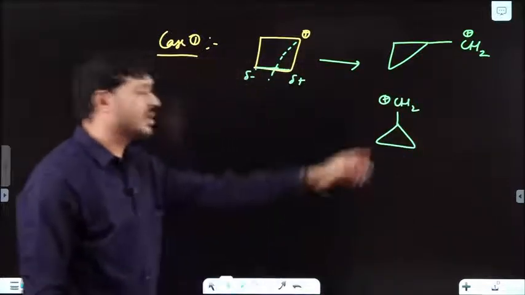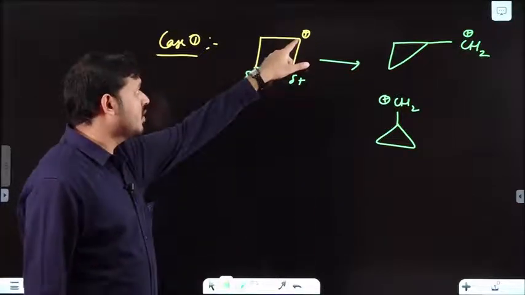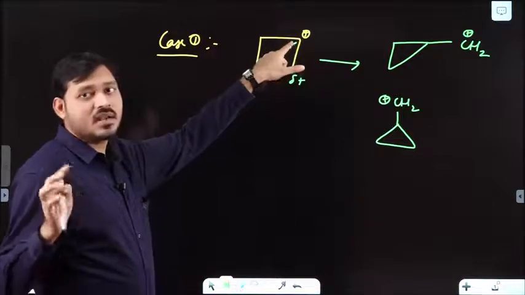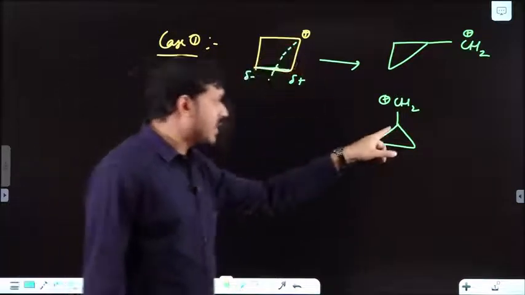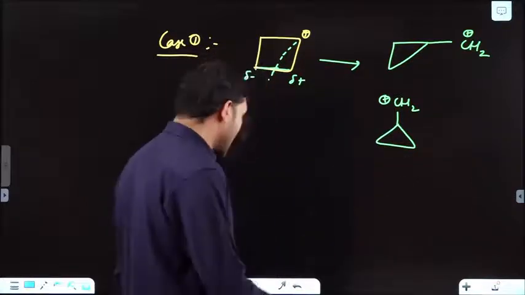Now why is it becoming more stable? You may have this question in your mind. It is sp2, it should be 120, here the internal angle is 90, so it has an angle strain of 30 degrees. Here what happens? 60 degrees. In a 3-membered ring, angle strain is increased. But one more thing happens.